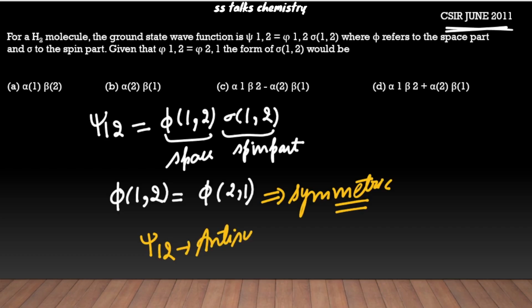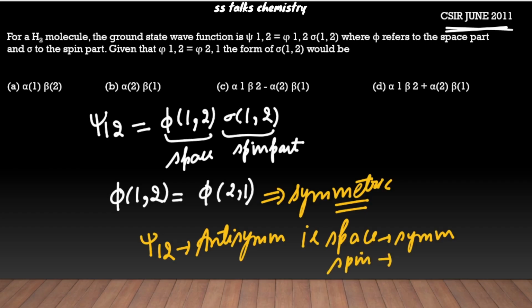The space part that you are having is given to be symmetric, and the spin part that we are left with is going to be anti-symmetric, because when you multiply both of these, you are going to get the anti-symmetric wave function. So the spin part is going to be anti-symmetric.